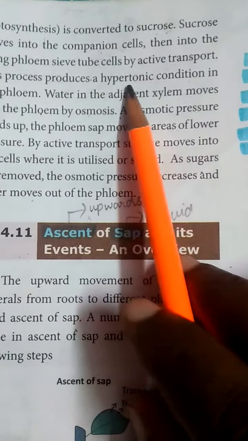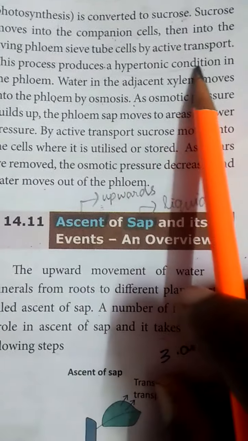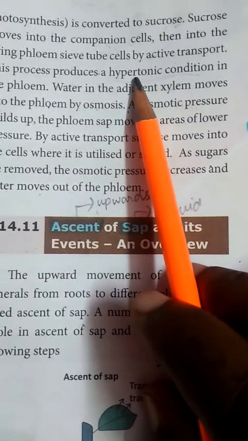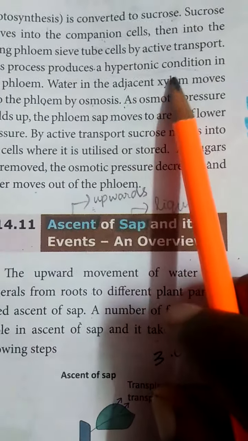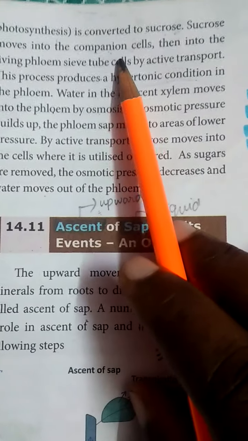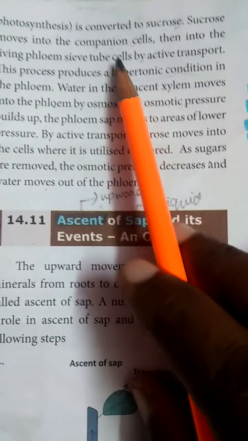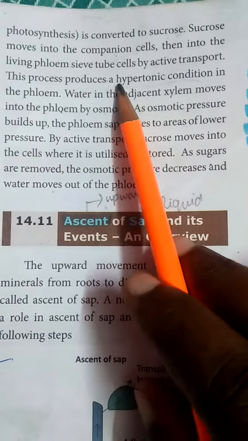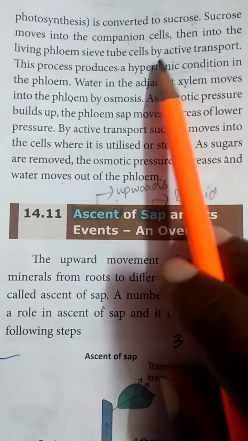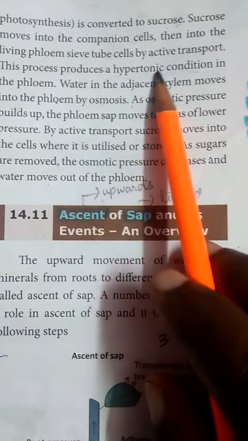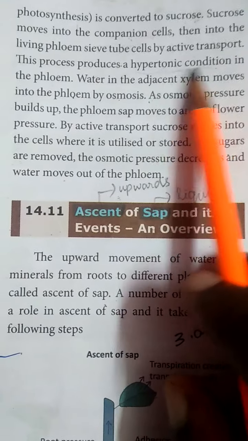This process produces a hypertonic condition. Hypertonic condition means the solute concentration is more than the solvent. So in the sieve tube, more food is present and less water is present. This condition is called the hypertonic condition.